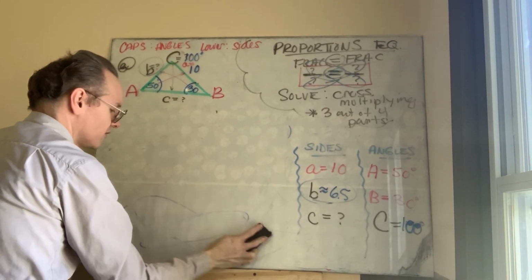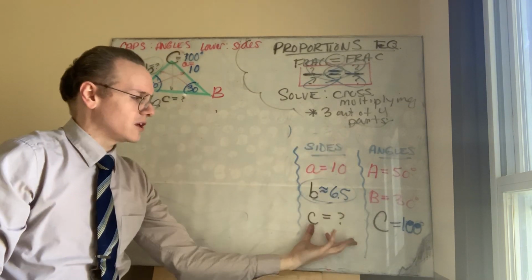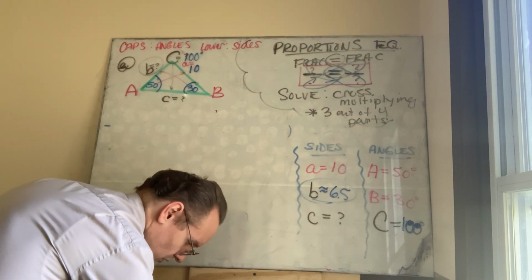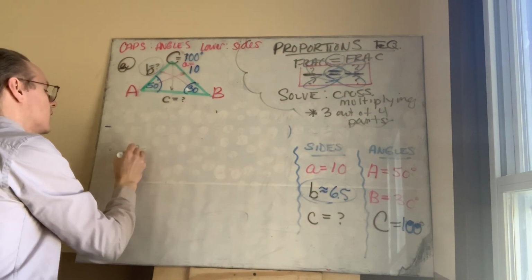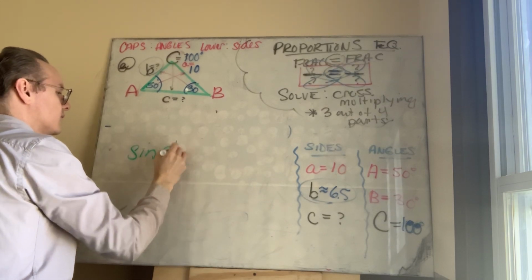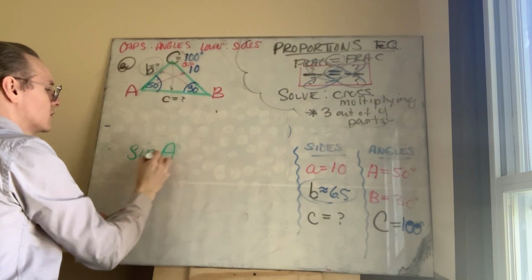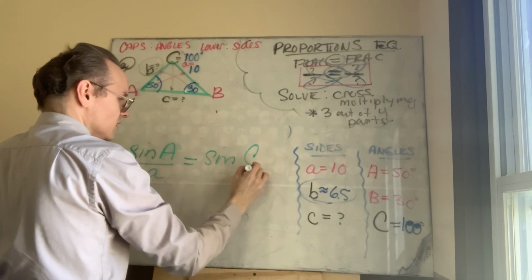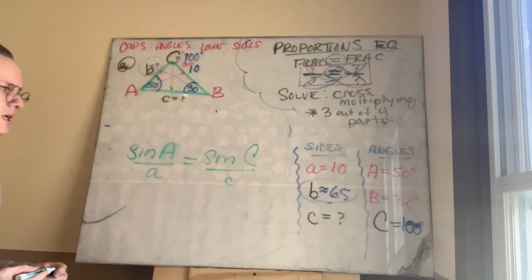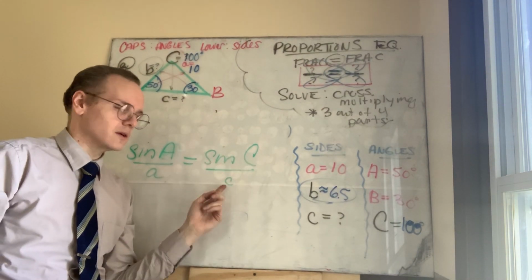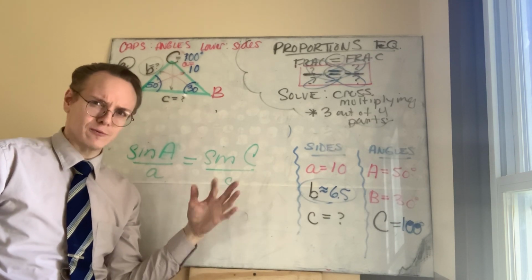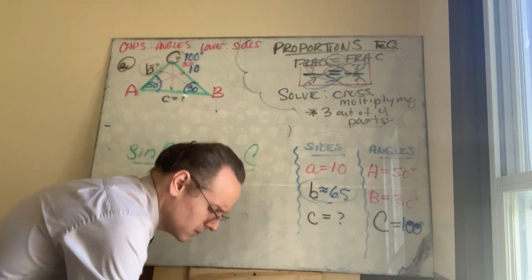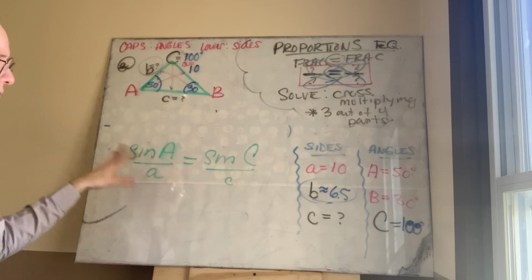So, we have this information. Now we just have this last dimension to acquire. So I'm going to start once again with the formula. The sine of alpha, capital A is what I went with, over lowercase a, is equal to the sine of capital C over lowercase c. Again, you could use sine of beta here and the dimension for B that we just acquired, but it would make your answer a little fishy. So, as long as you don't have to do that, start fresh.